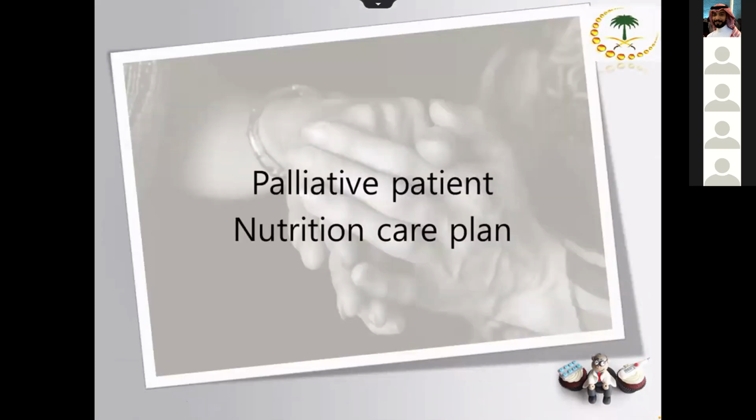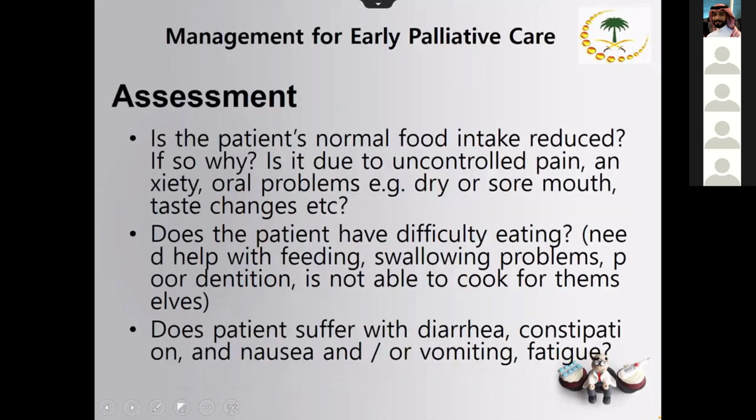Regarding palliative patients and the nutrition care plan, there are differentiations between levels of patients' compliance with the diet. So management of early palliative care is different from late palliative care. To do any assessment, we should ask patients some questions to lead us to a better nutrition plan.